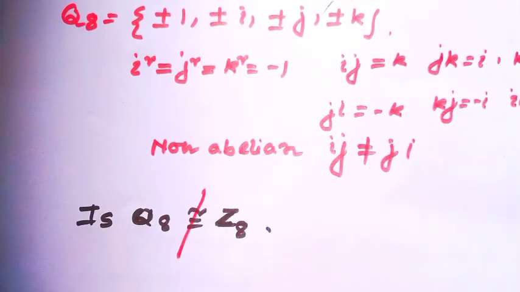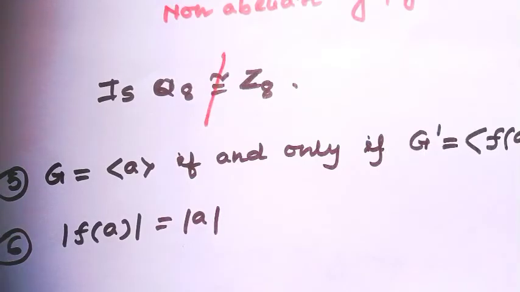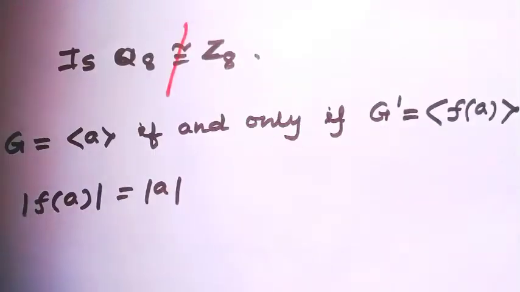So they cannot be isomorphic. Okay? The fifth property is, if a is a generator of G, then f of a would be a generator of G prime. And this is an if and only if condition.